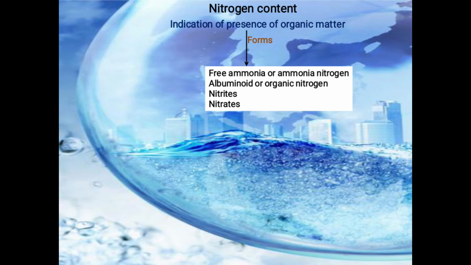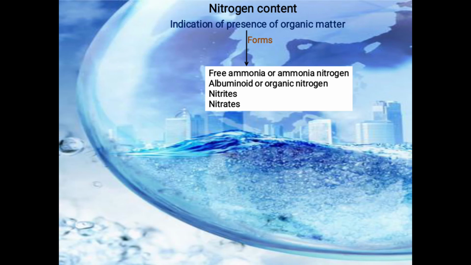The free ammonia indicates the first stage of decomposition of organic matter. Albuminoid nitrogen indicates the quantity of nitrogen present in water before the decomposition of the organic matter. Nitrites indicate the presence of partly decomposed organic matter, and nitrates indicate the presence of fully oxidized organic matter in water.